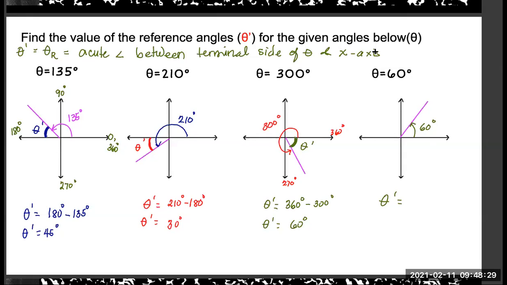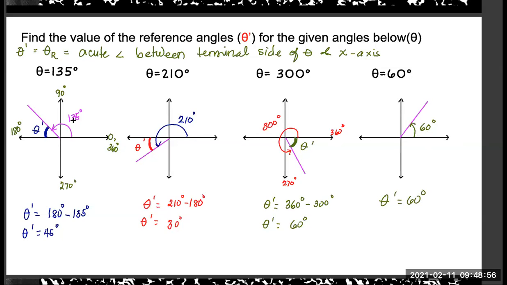So going back to the definition of reference angle, it's the acute angle between the terminal side and the x-axis. The terminal side is where, because your initial side is always the positive x-axis. So when you measure the angle, wherever that measurement ends, that would be your terminal side.